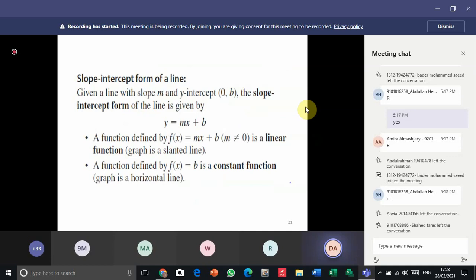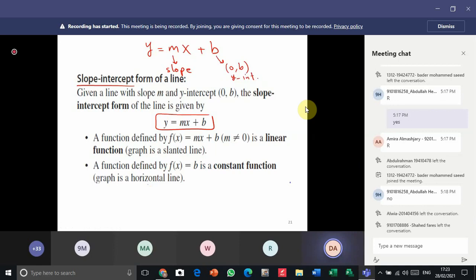Slope-intercept form of the line. If we have the line, we can put it in slope-intercept form. Slope-intercept means y equals mx plus b. This is the value of the slope, and this is the value of the y-intercept, (0, b).